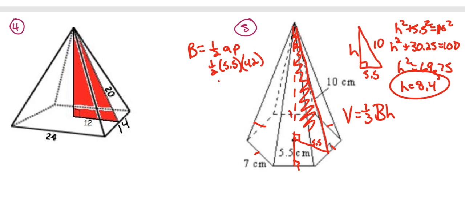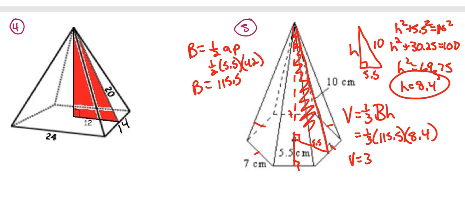This is 115.5. That's our area of the base. So it's going to be 1/3 times 115.5 times the height, which we just figured out was 8.4. So times 8.4 divided by 3. I get 323.4. And that's example 5.